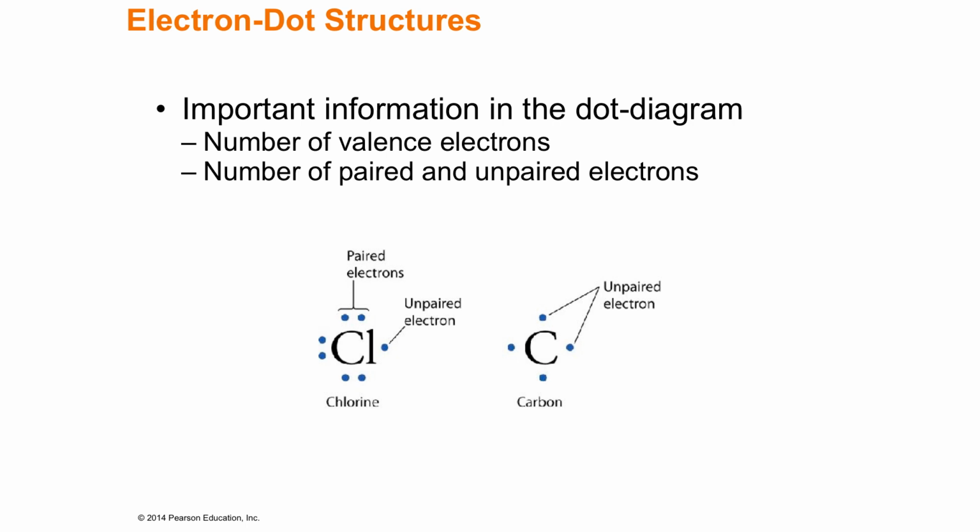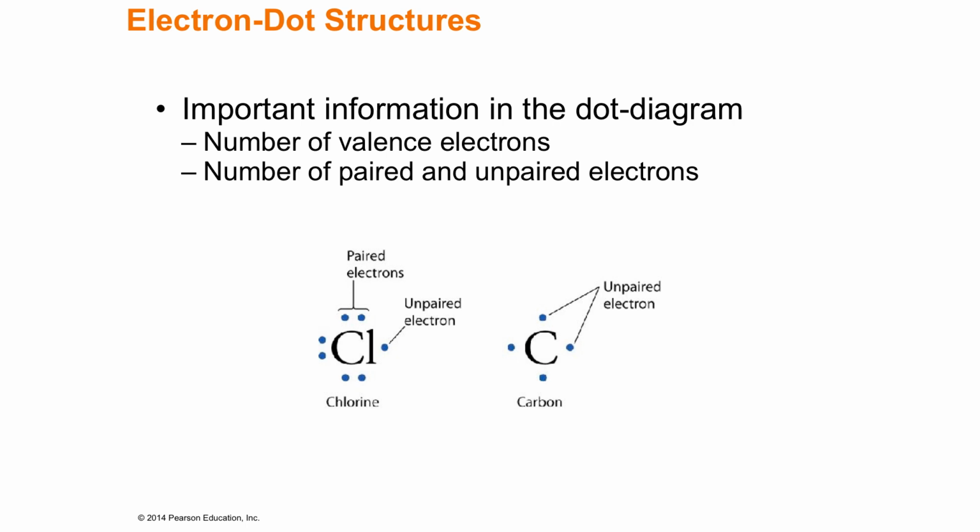But with an incomplete shell, you tend to have bonding, and the reason, as we'll see in a minute with the octet rule, is that you need the stability of a full shell. The full shell has a stability that all atoms are seeking as they react with each other. The valence electrons are only the s's and the p's.